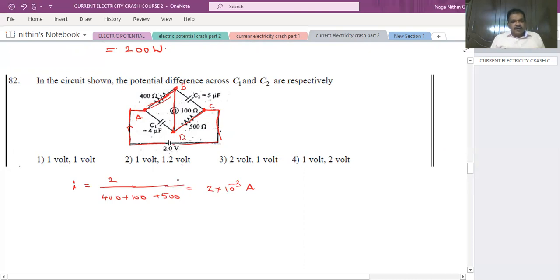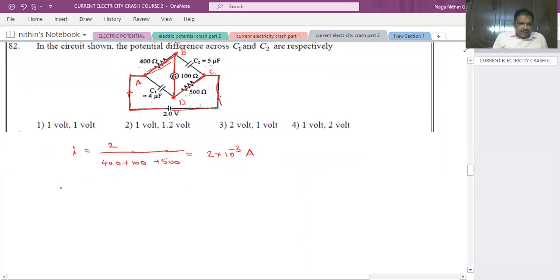Now PD across AD will be equal to PD across AB plus BD. So VAD is equal to VAB plus VBD. This will be same current, 2 into 10 power minus 3. Here 400, here 100. So 500. So totally it will be 1 volt.